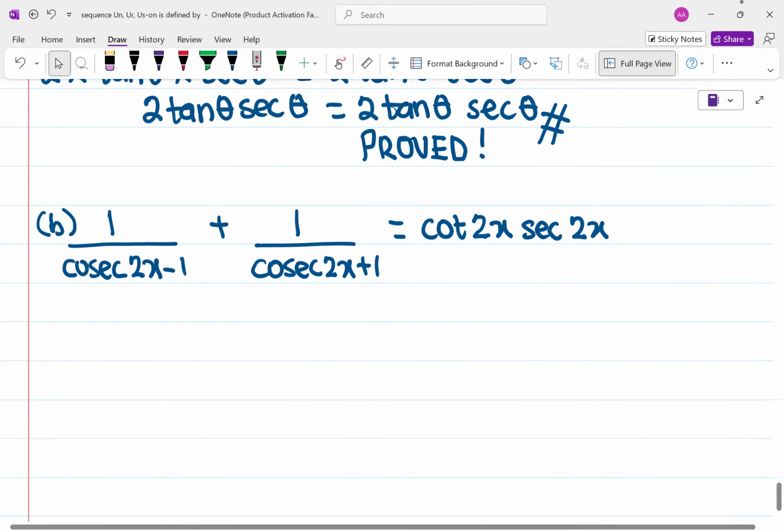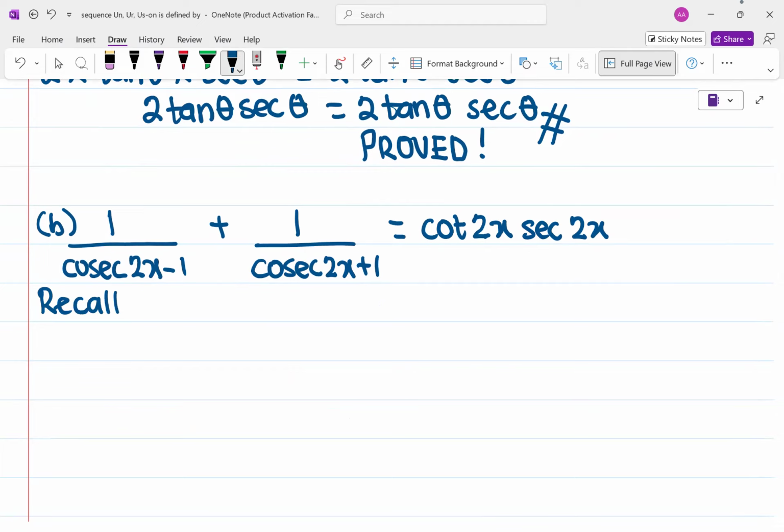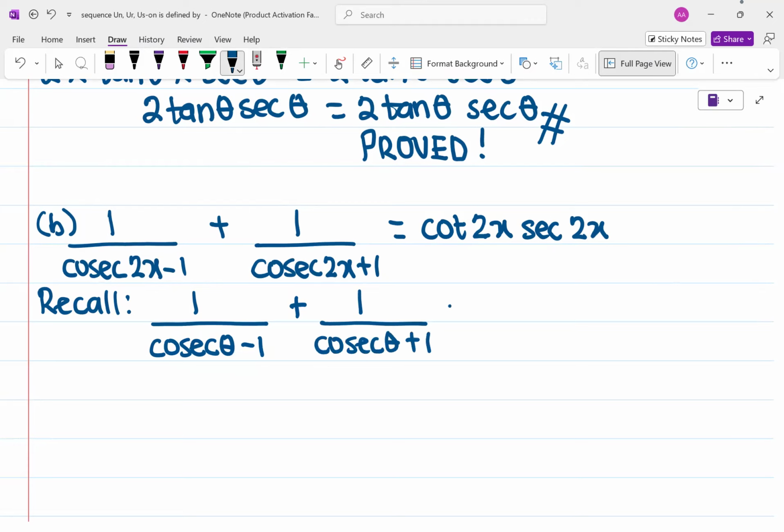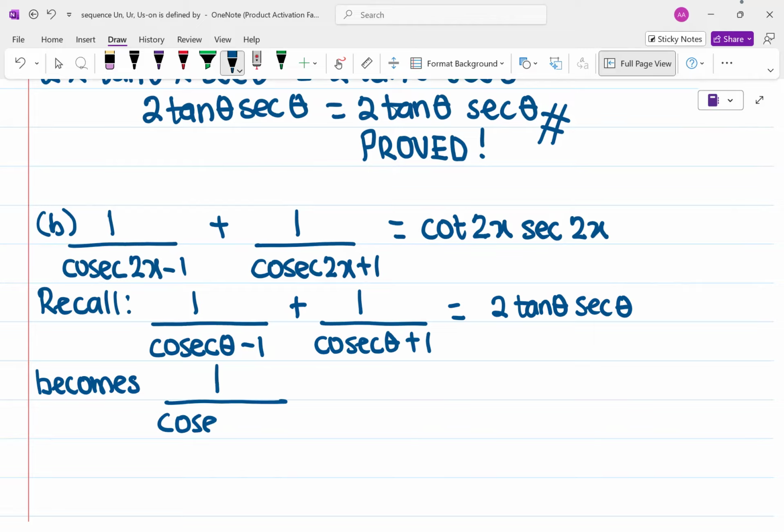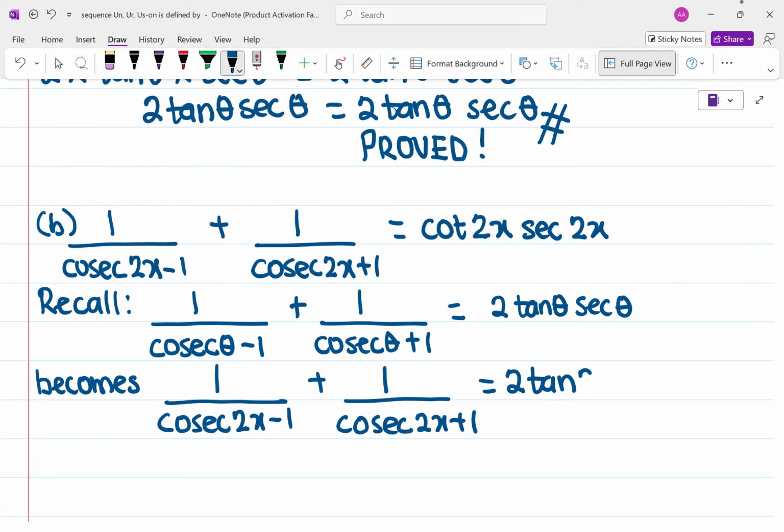We are going to recall, you will recall that 1 over cosec theta minus 1 plus 1 over cosec theta plus 1 has given us 2 tan theta sec theta, as we have it in the first in A. So it will now become 1 over cosec 2x minus 1 plus 1 over cosec 2x plus 1 is now equal to 2 tan 2x sec 2x.